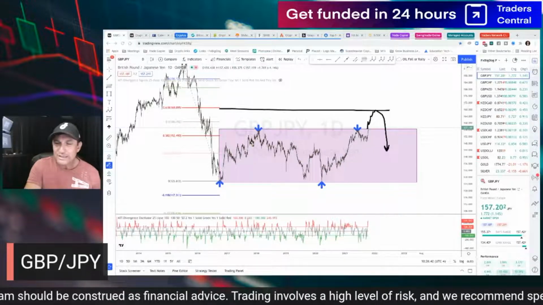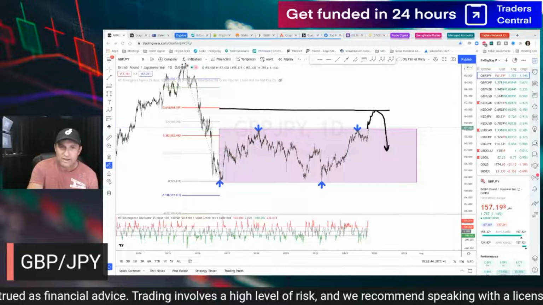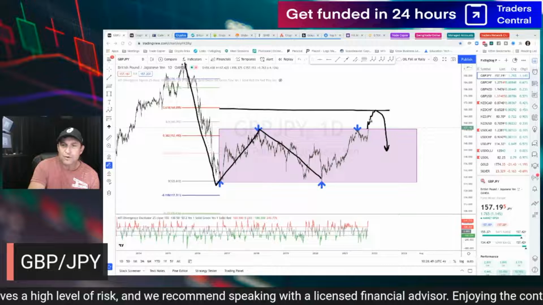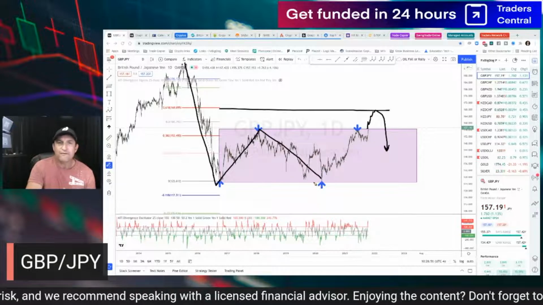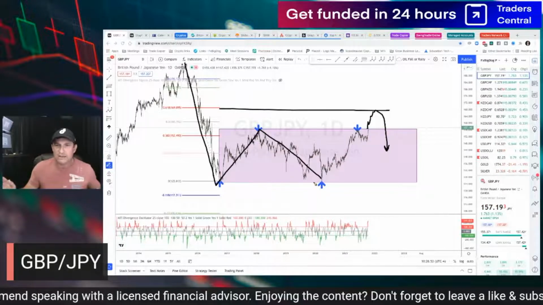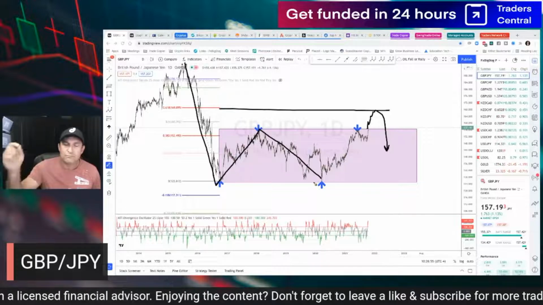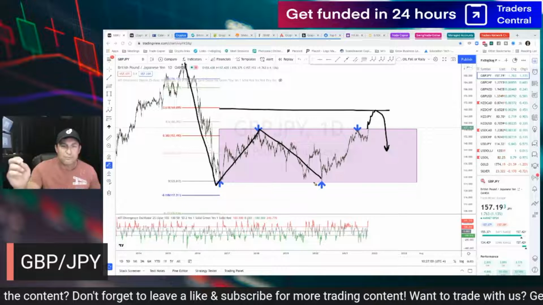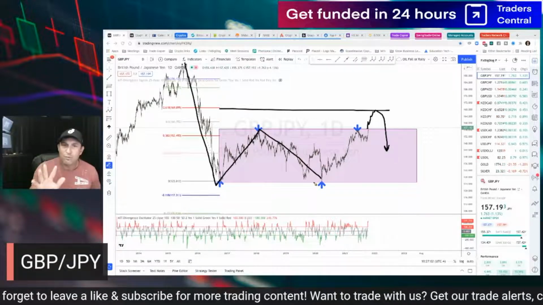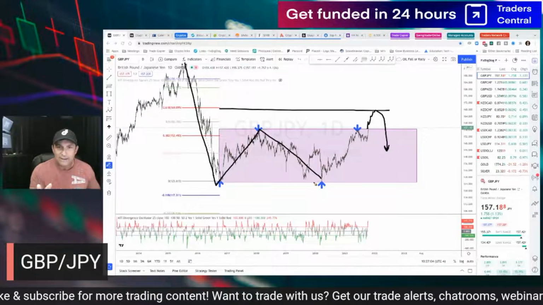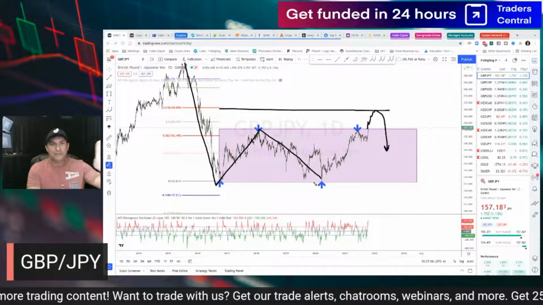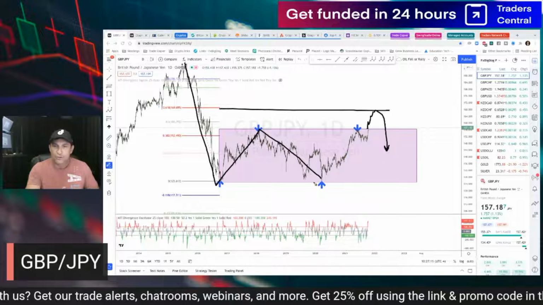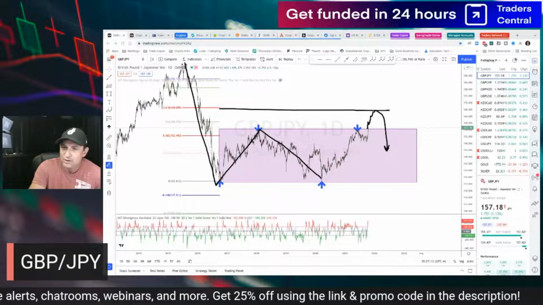Now, what I always like to do, whenever we're inside a correction move, is look at this last rally, which should be a 5-wave structure. If you know anything about Elliott wave, the last correction move you have, the C move, the B to C move, is normally a 5-wave structure. The A to B and the B to C have different internal structures, so this should be a 5-wave structure going north.